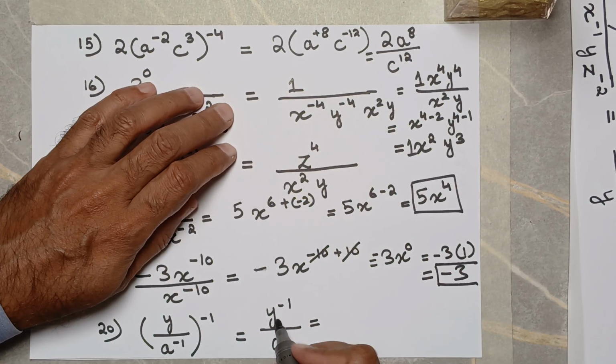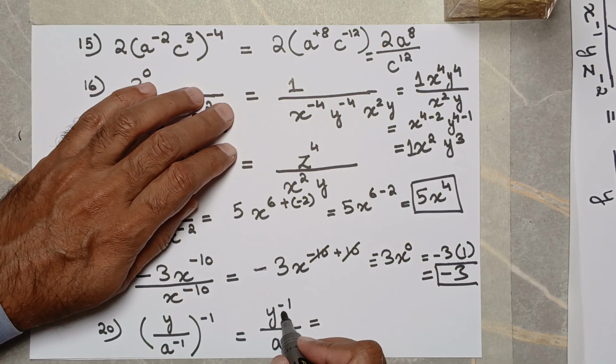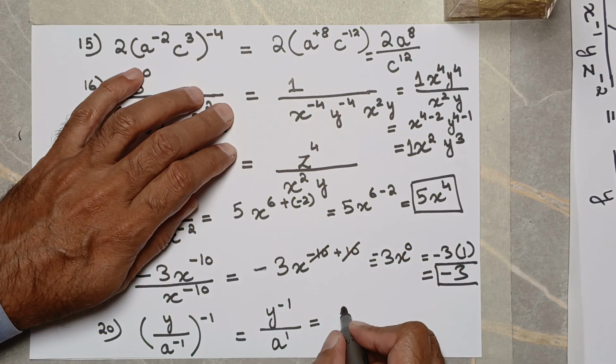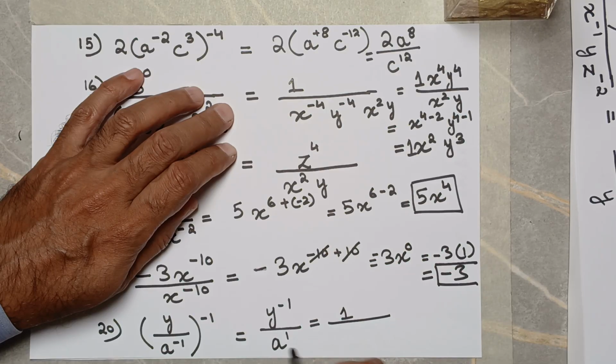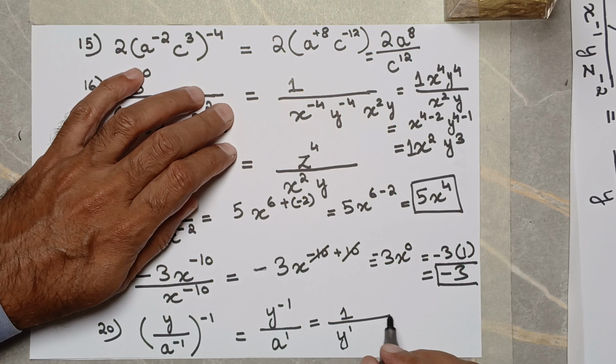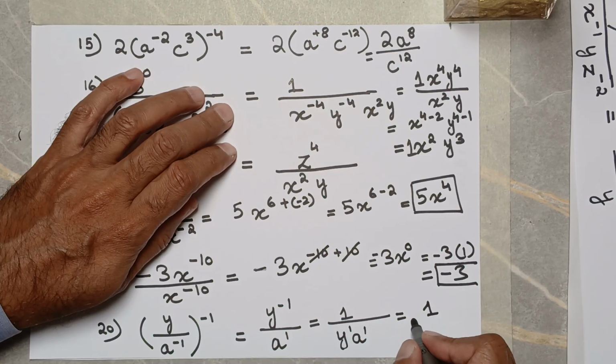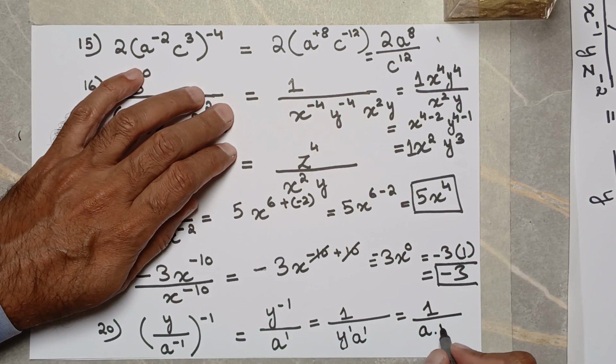And what we will do, we will take this y raised to the power minus 1 towards the denominator side, and it will become 1 on the top, and when we move it, it will become y raised to the power 1, 1 obviously. If you want to write it, you can write 1, or if you don't want, there is nothing wrong in it. It can be easily understood. And a raised to the power 1. So we can simply write it as a.y. That is our final answer.